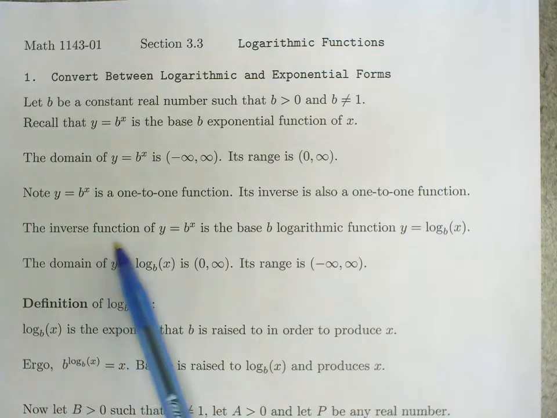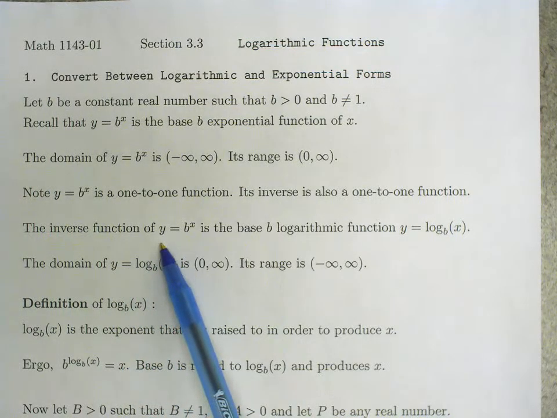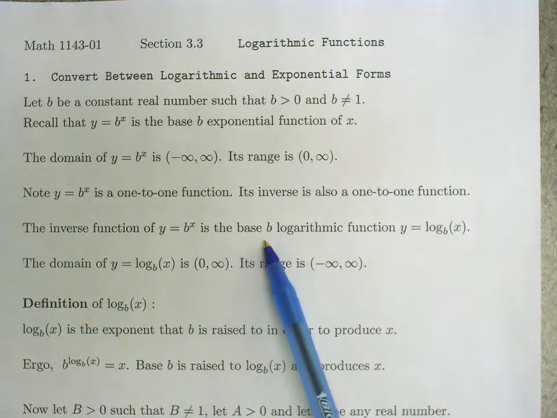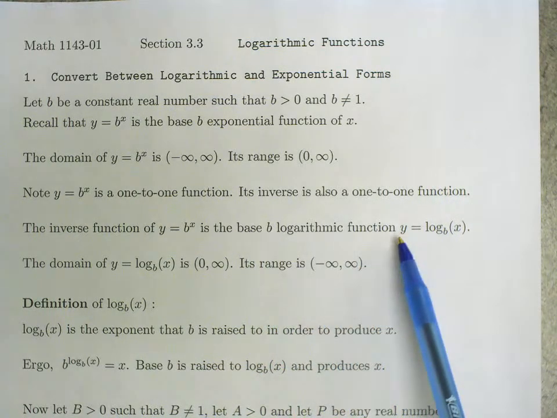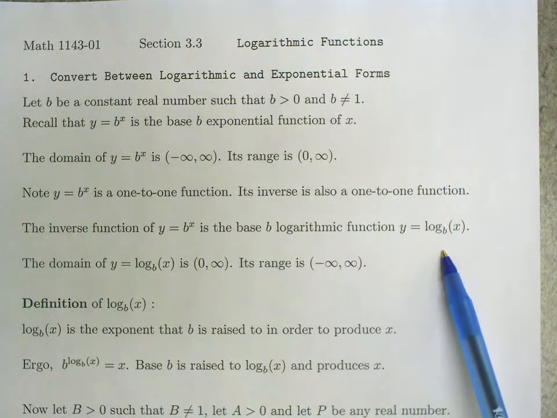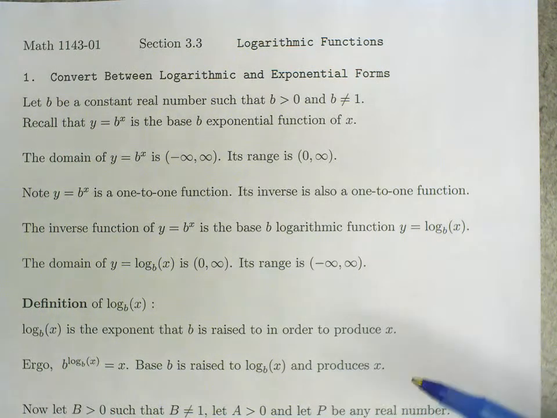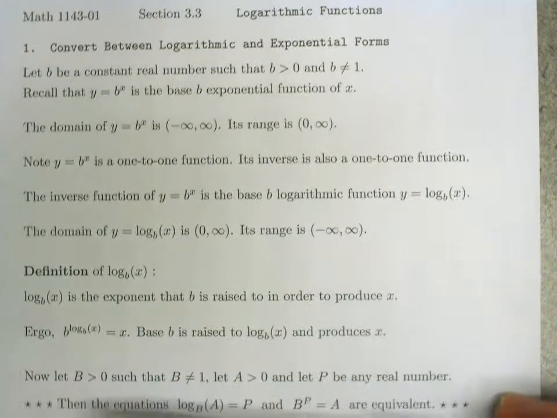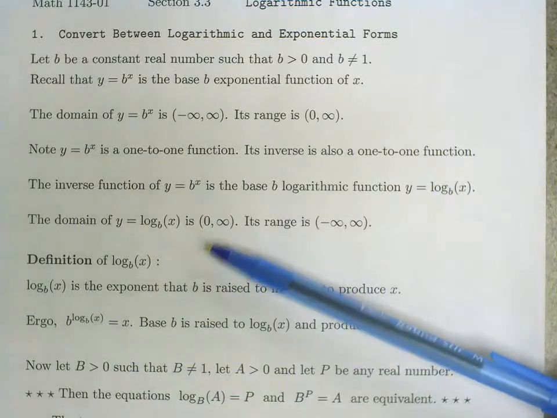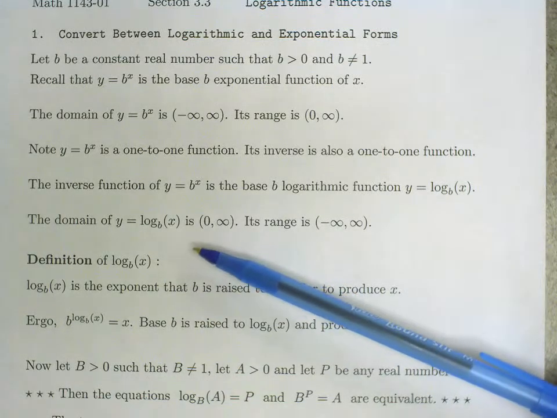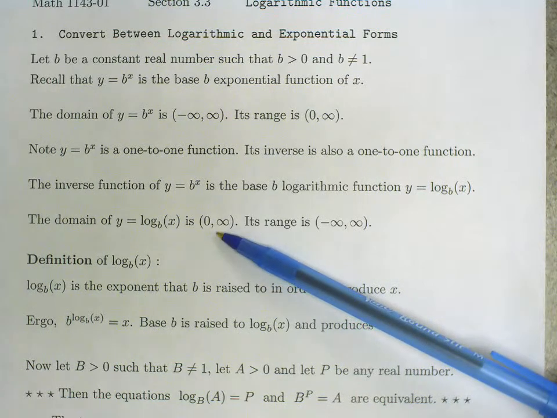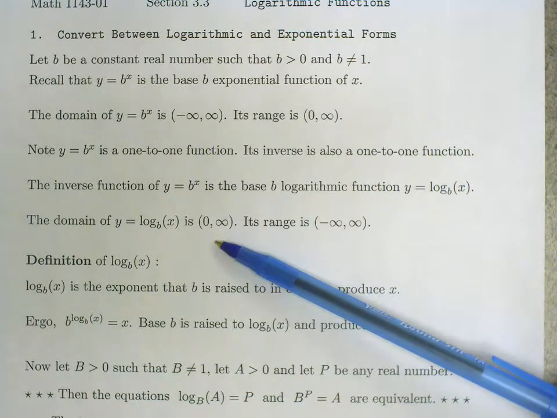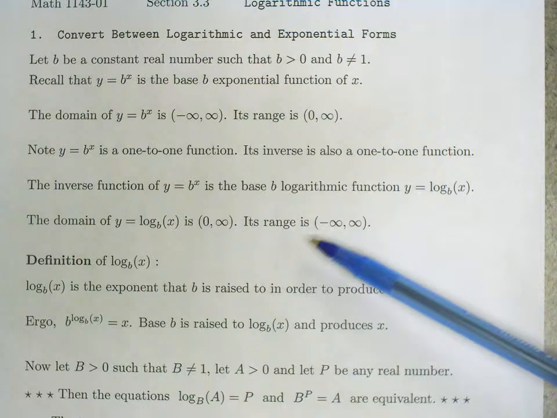And the inverse function of y equals b to the x is the base b logarithmic function y equals log base b of x. So that means that the domain of y equals log base b of x is the set of all positive real numbers from 0 to infinity, and its range is the set of all real numbers.